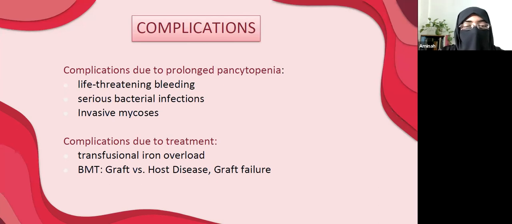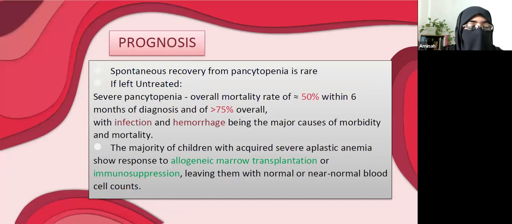In non-severe aplastic anemia the treatment is just symptomatic, so the patient might need frequent blood transfusions, which can lead to transfusional iron overload. In bone marrow transplant, there are complications like graft-versus-host disease and graft failure.